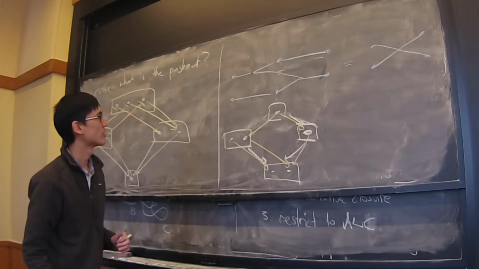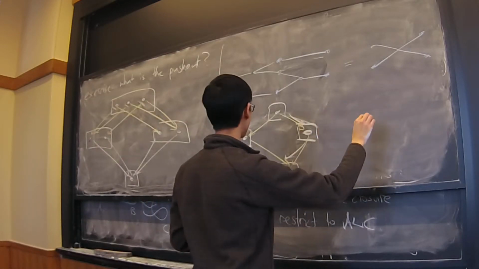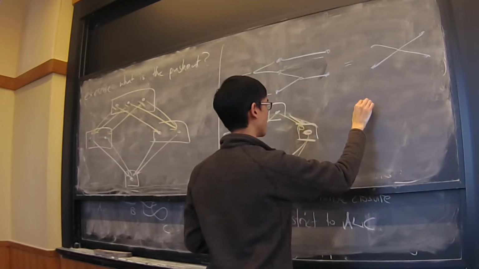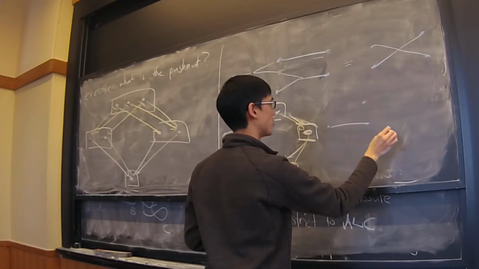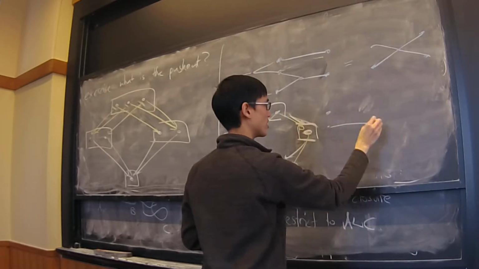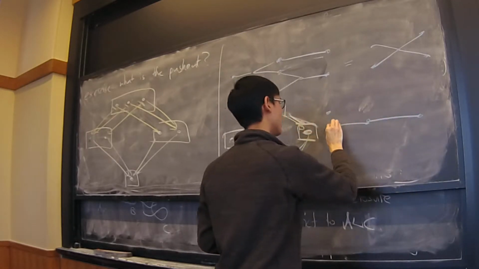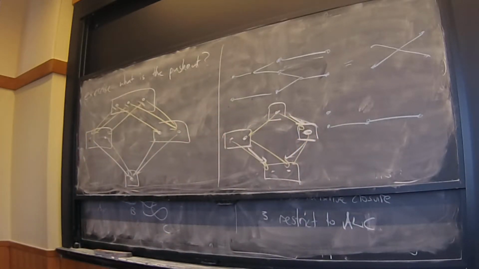Now let's translate that into the world of wirings and see whether it says what I wanted. Here's one wiring. Oops, it doesn't. So there's another example for a pushout for you. I want it the other way around.